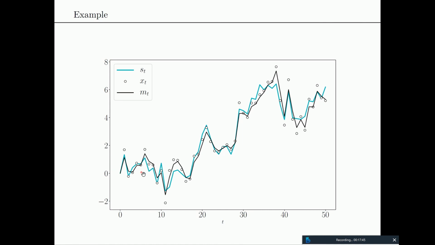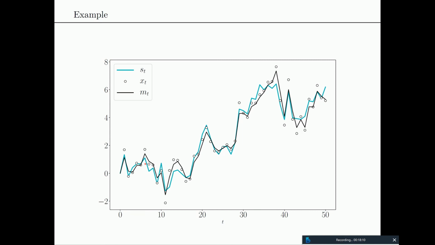The green line are the real states. m_t is the filtered expectation. So these are the values that you think are most likely given x_1 to t.